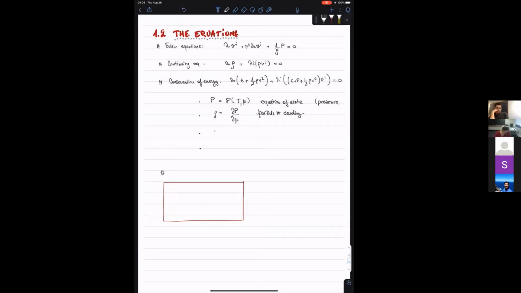Then we have epsilon, which is the energy density, which is related to the other quantities in this way. And the remaining quantity to define is S, which is the entropy density, which can also be defined through the pressure. So now all the variables are defined in terms of T and mu.